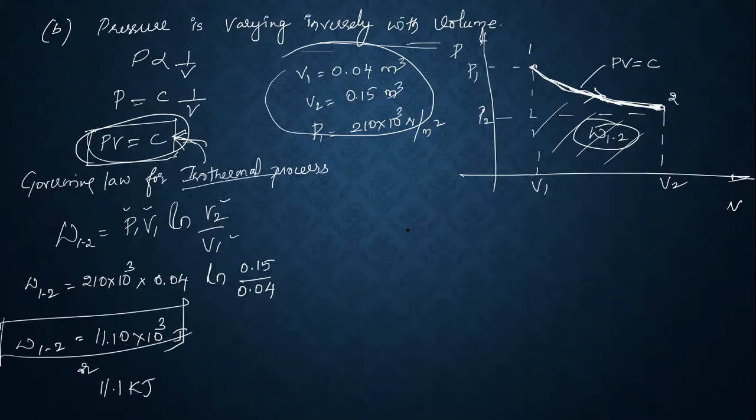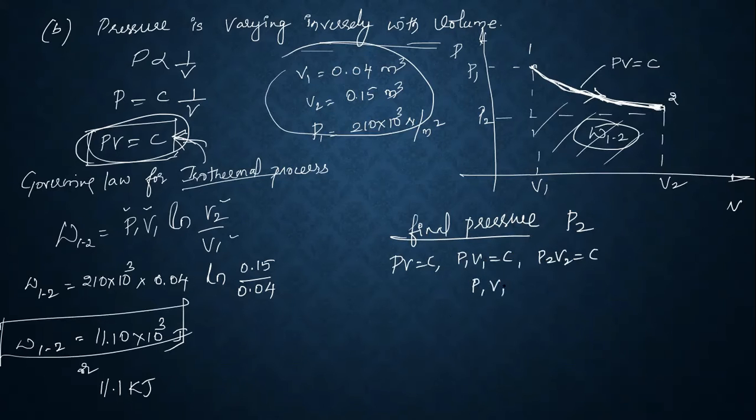How to calculate the final pressure? It is not given in the problem, but they may ask the final pressure, that is P2. You know the governing law, PV is equal to C. It also obeys that P1 V1 is equal to C and P2 V2 is equal to C. And I can write based on these two, P1 V1 is equal to P2 V2. Therefore, P2 is equal to P1 V1 divided by V2.